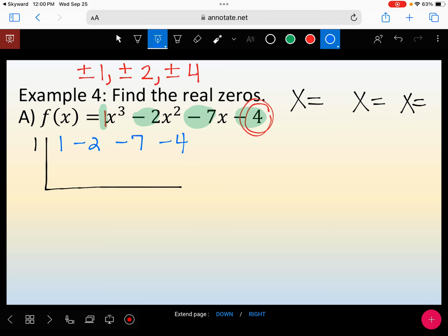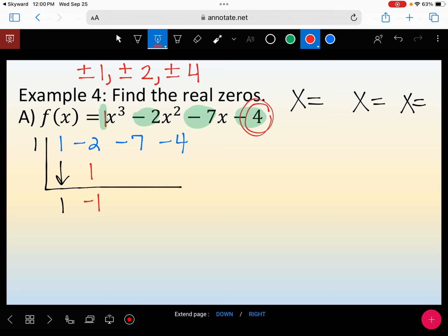For synthetic division, which is what we're doing, if you all need to Google that or YouTube it, we're going to bring down the first number, which is 1. Then we multiply. We always multiply it by the factor. So what is 1 times 1? 1. We put that under the next number. Then we add. What's -2 plus 1? -1.